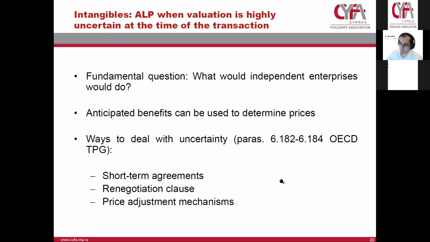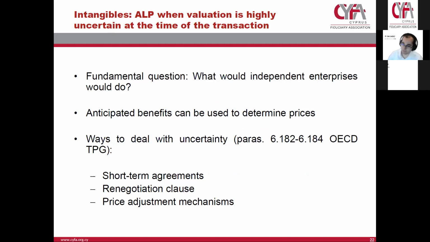The fundamental question when thinking about valuing intangibles whose value is highly uncertain at the time of the transaction is: what would independent parties do in this situation? How would they have split the benefits of the transaction? So one of the things that is necessary is to estimate the anticipated benefits from the intangible.